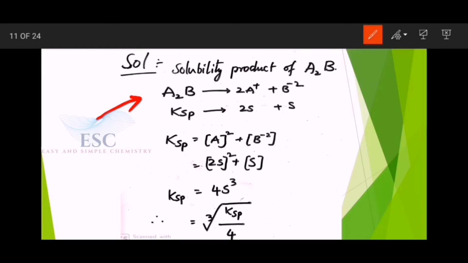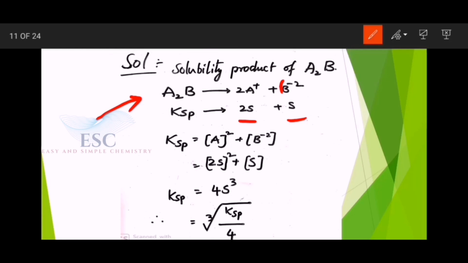Using the crisscross method, for the Ksp solubility product, the number of cations is 2 and the number of anions is only 1, because B is only 1. The Ksp is equal to the concentration of the products to the power of the number of moles.